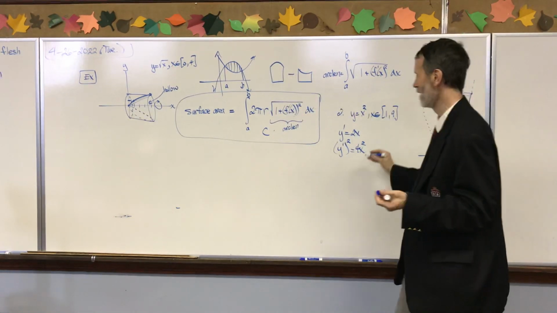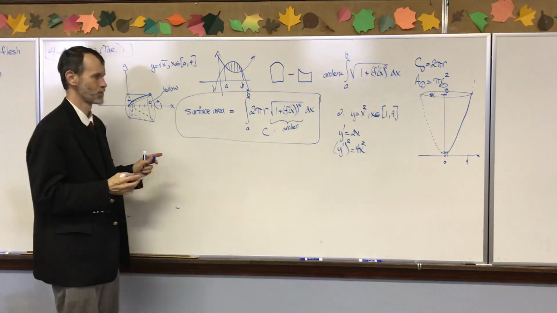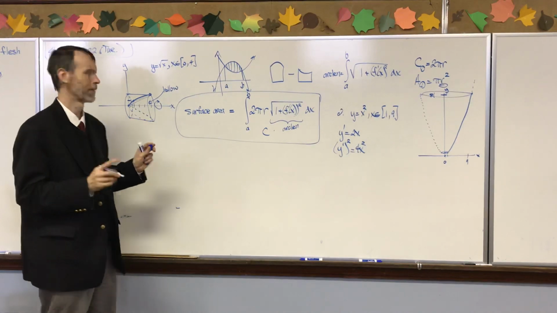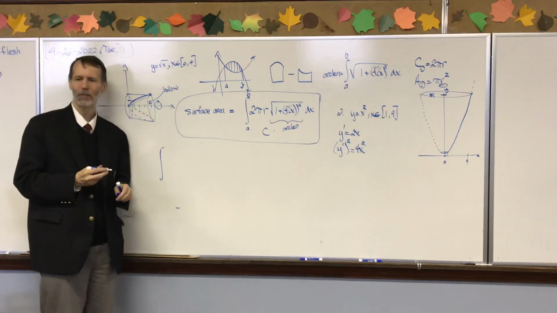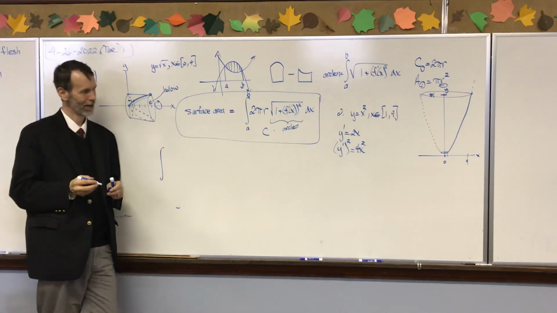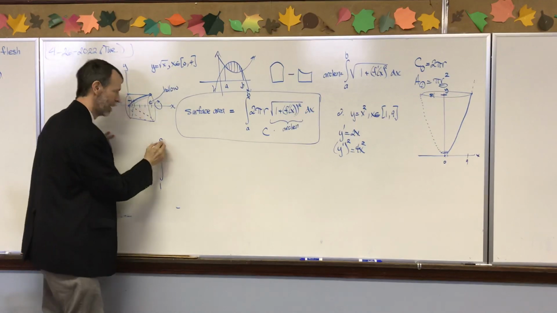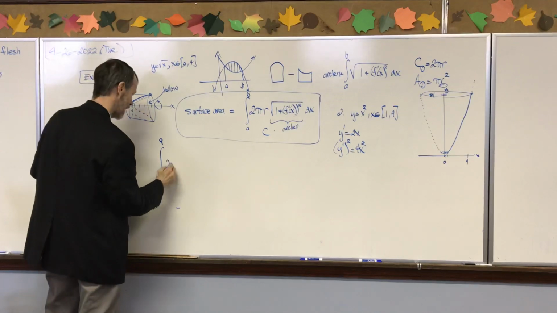And we're going from 1 to 9, so can somebody set me up for this thing? There is one extra thing we'll need to calculate, but it's not too hard. Start with an integral. From what to what? From 1 to 9. Yeah, from 1 to 9. 2 pi.